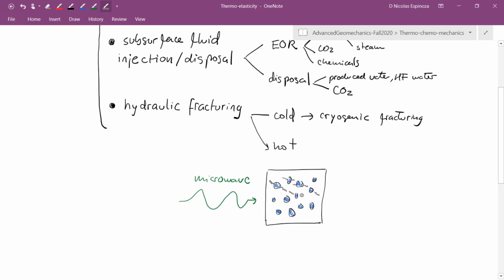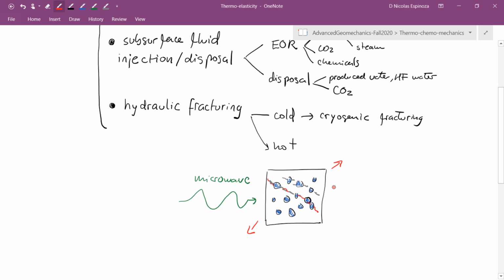And eventually, if you had, for example, let me add one more pore over here, if you had a connected fracture, you may split your sample and cause this to fracture because of the heating of the pore fluid. In this case, this would be assuming that we have an undrained response within the pore space.